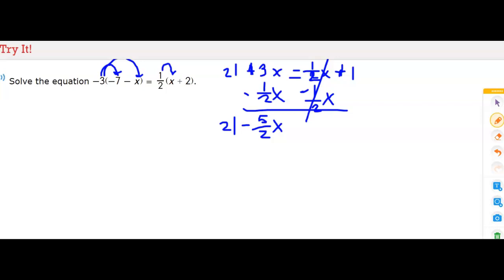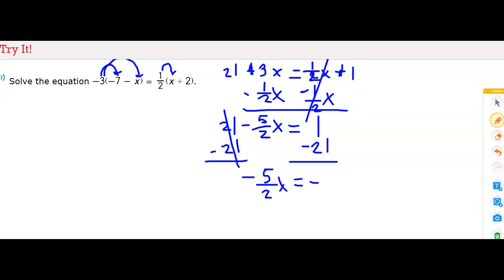Oh wait, hold on. And then we're going to move the positive 21 over by subtracting 21 on both sides of the equation. That cancels, so we're left with 5/2 times x is equal to negative 20.